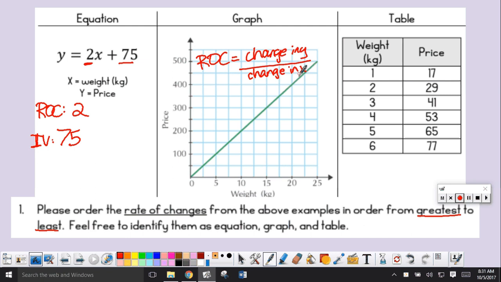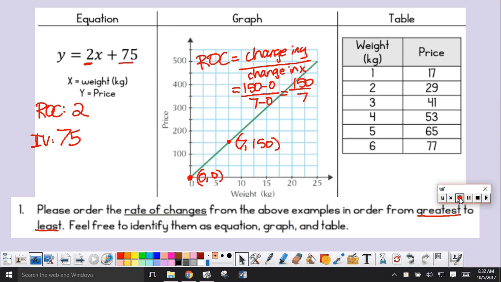So my change in y value, I can do 0, 0, and then I'm going to pick this one right here, which would be 7, 150. All right, so my change in y values is going to be 150 minus 0 divided by 7 minus 0. 150 divided by 7.